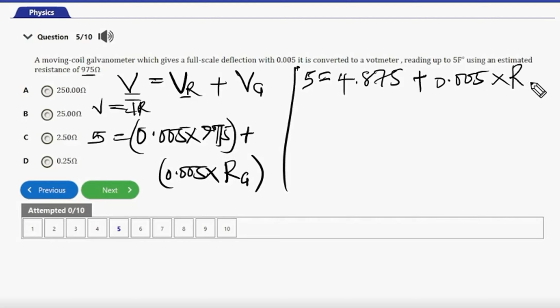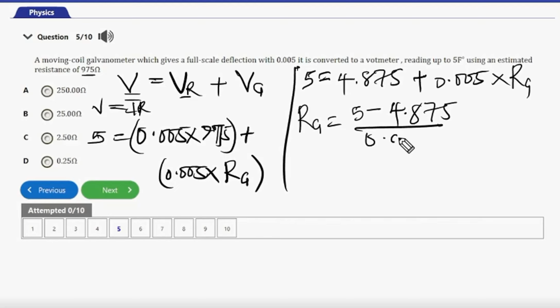Now, to make RG the subject of this equation, we are going to have that RG is equal to 5 minus 4.875, over the coefficient of RG, which is 0.005.